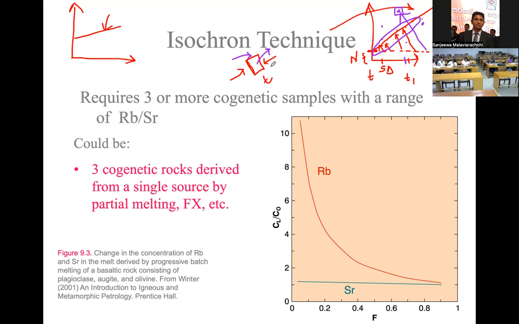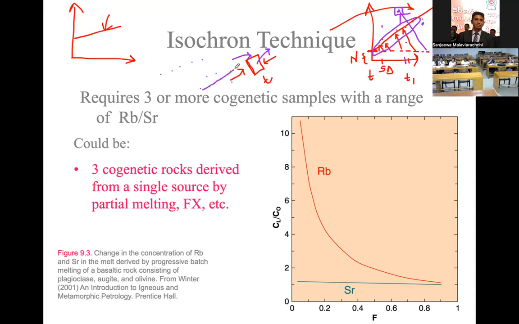for your system. Suppose you are analyzing multiple samples of a single rock, whole rock, multiple samples. In that case, what can you expect? Maybe you are getting a very nice linear plot like this, or otherwise you might be getting a very scattered plot.